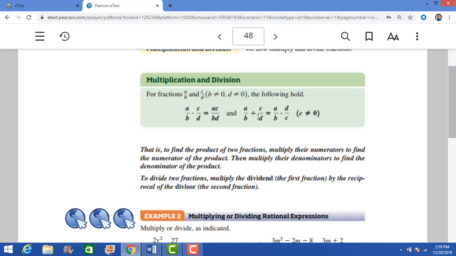But since these are common denominators, you get 1. Okay, so essentially you just get the cross multiplication, so this becomes AD divided by what? BC. And what do you get here? AD divided by BC. So you get the same answer. Okay.